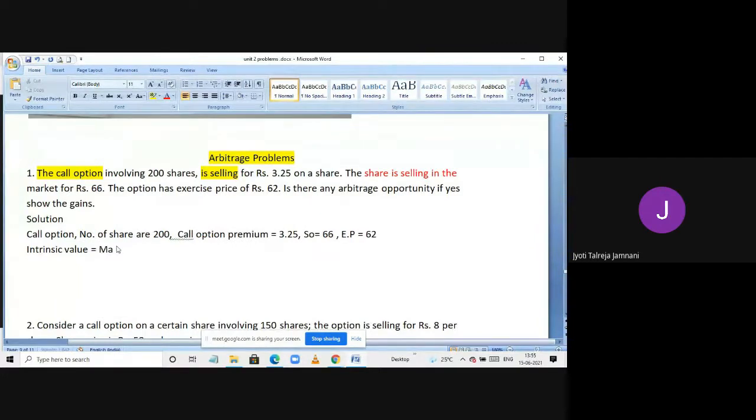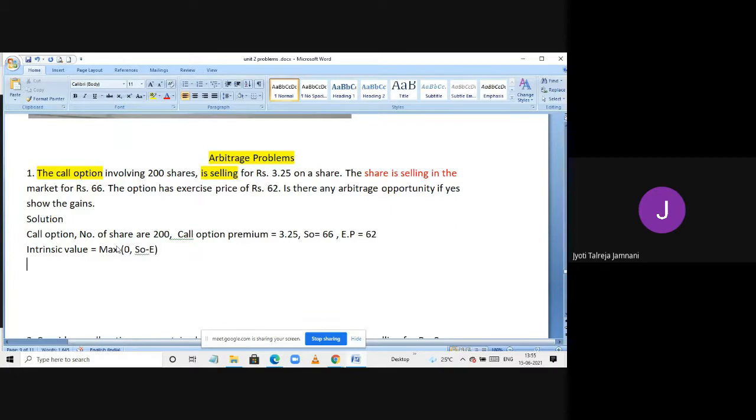It is maximum of 0 comma S naught minus E. This is the formula for intrinsic value. For a call option, it is S naught minus E. If it is a put option, the formula is E minus S naught. Correct. As this is a call option, we'll use the S naught minus E formula.